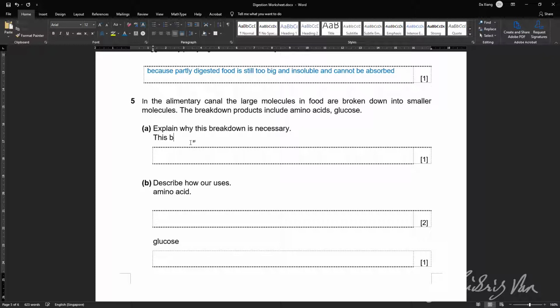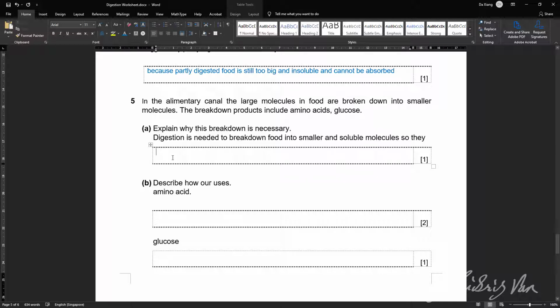Okay, this digestion is needed to break down food into smaller and soluble molecules so they can be absorbed in the small intestine. Okay, if you want for completion. So this one will be your 1 mark.